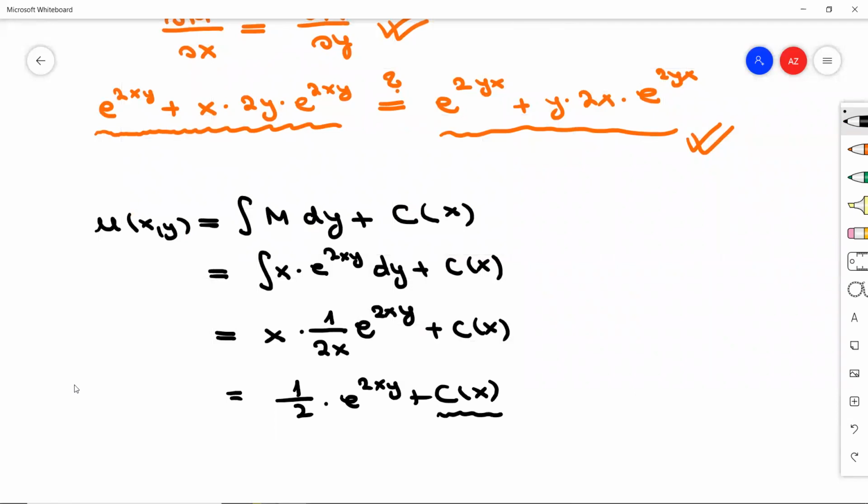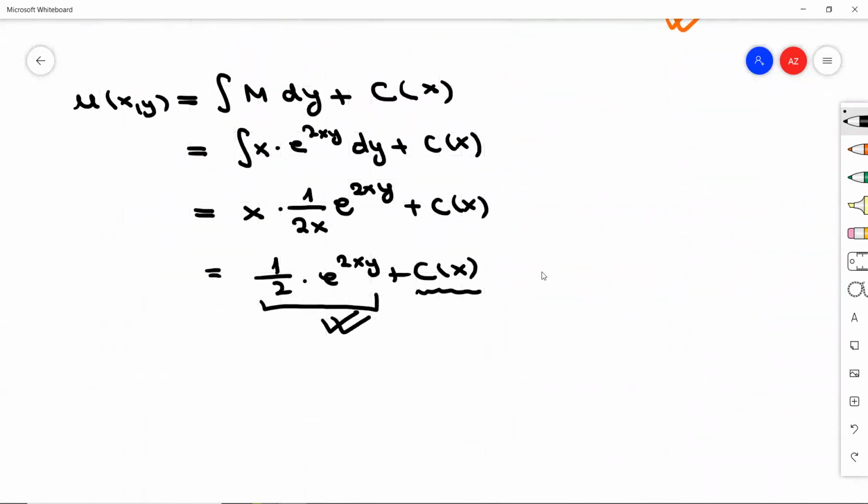You see now, one part of u is determined. This term is already determined, but we would like to determine also this function of x. We don't know what this function of x is. We have to determine it, and this will be done from the other integral, the integral with respect to x. On the other hand, u should also be the integral of N dx plus some function of y.